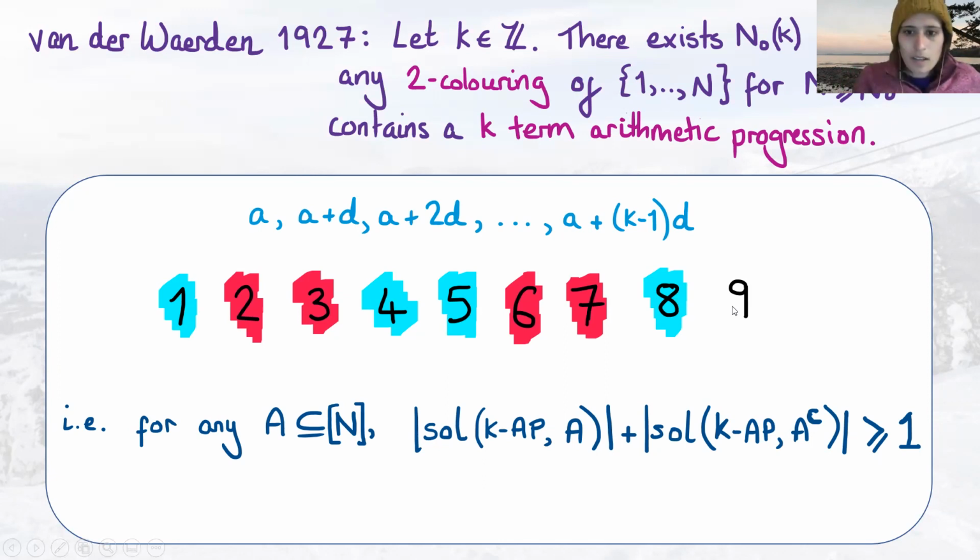So I guess talking back to the language of our previous slide, this theorem can be stated in a way which says that, in fact, the number of solutions to a k-AP in a set A plus the number of solutions in the complement is always at least 1 for any subset when n is big enough, essentially, right? So this is a theorem which is talking about the number of monochromatic solutions to this system.